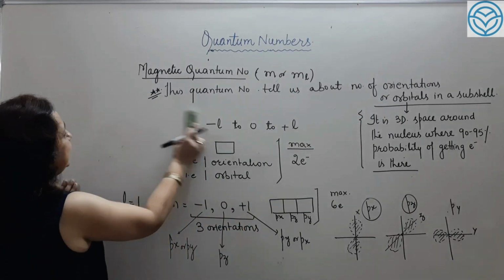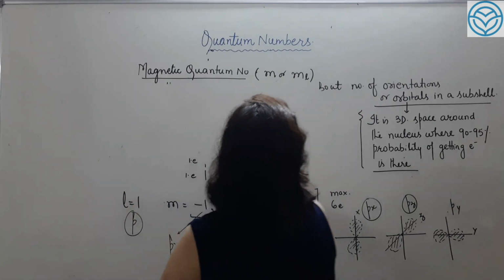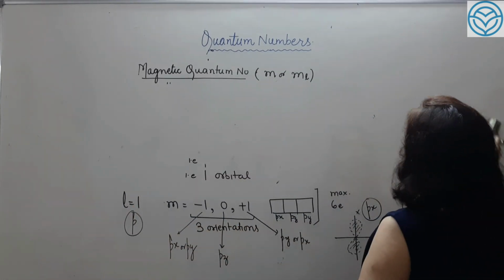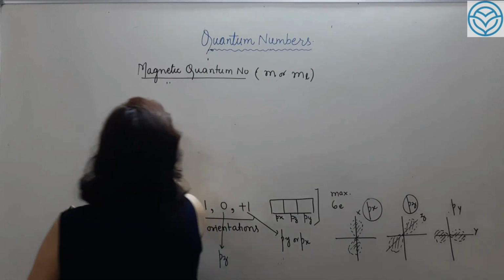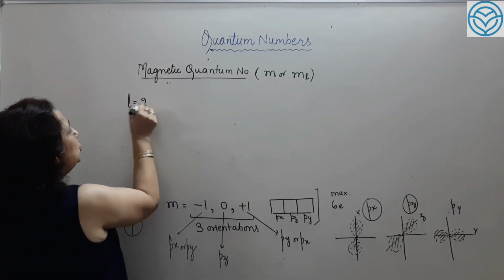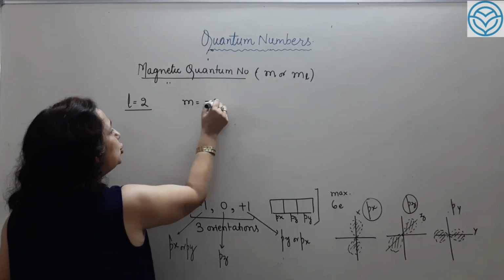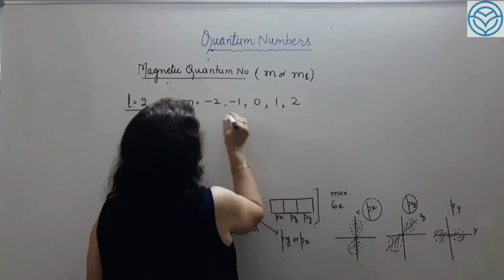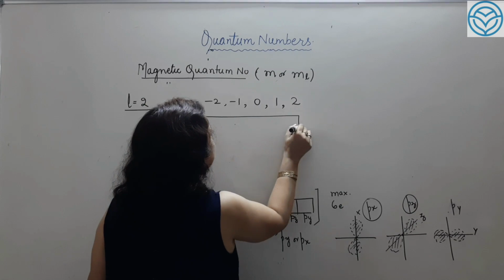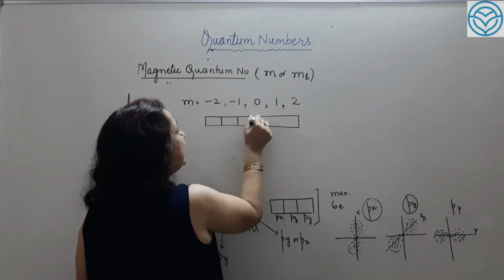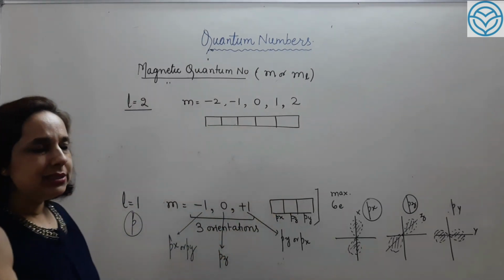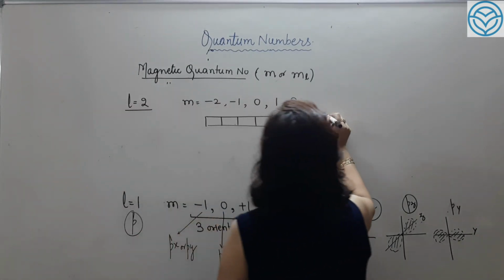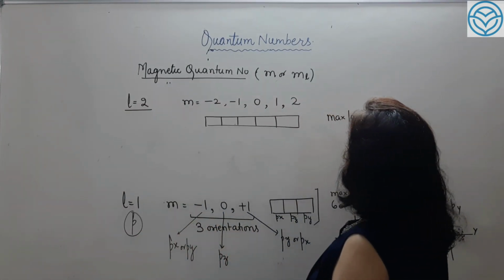Next we move on to the d subshell. When I talk about the d subshell, it is going to have L equal to 2. If L is equal to 2, m is going to be -2, -1, 0, 1, 2. There are 5 orientations and a maximum of 10 electrons can be accommodated.